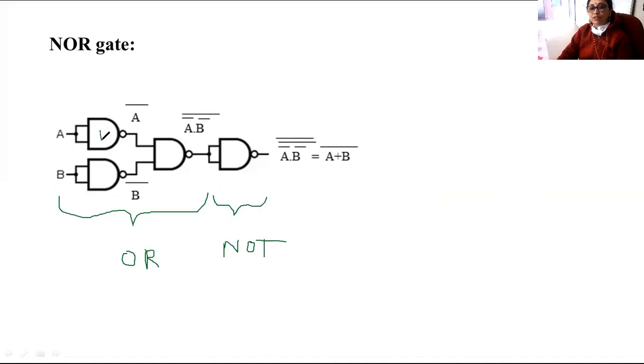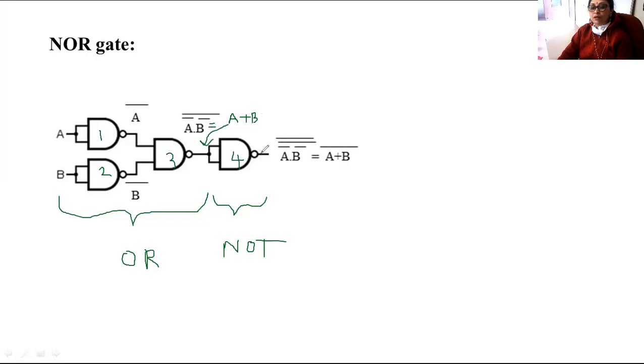Output of gate number 3. 1, 2, 3, and 4. So output of gate number 3 is A bar dot B bar whole bar. Okay. Which can be solved as we have seen earlier. It becomes A plus B. Okay. Now such A plus B is applied at the input of gate number 4.